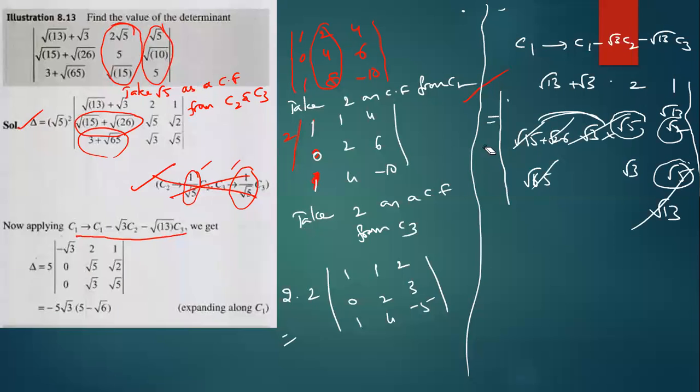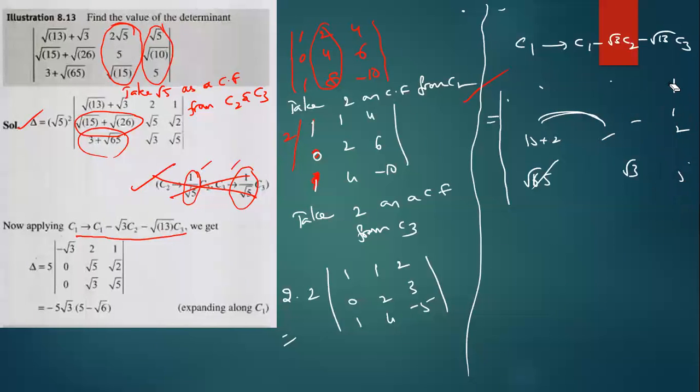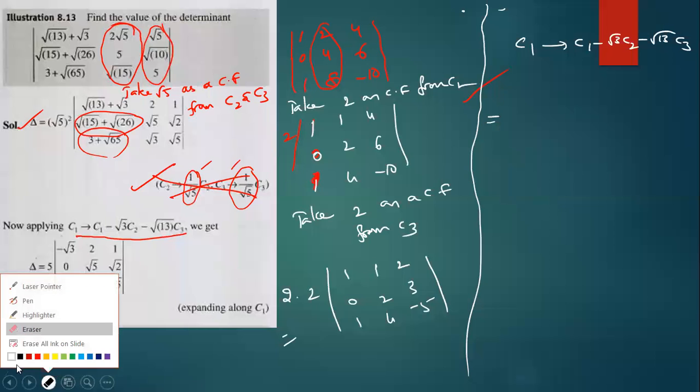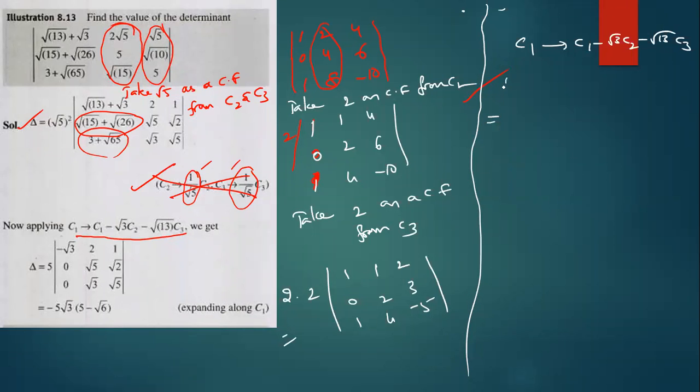Once again, I'm explaining, see carefully. Don't worry, I'm explaining once again. So our target is what? 2, 1. I'm not talking about C2, C3. Don't touch that C2, C3. Why?